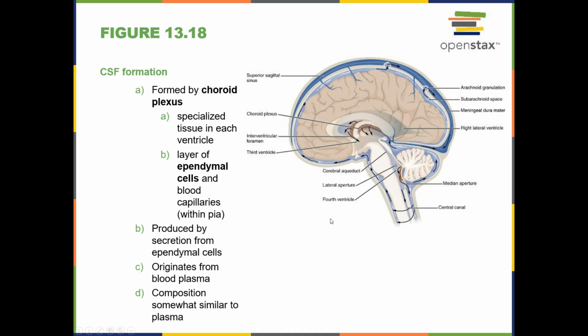So the choroid plexus is where cerebrospinal fluid is produced, and it's ependymal cells that make up that choroid plexus. The solution is made from blood plasma, so it has a similar composition to blood plasma, and moves through the brain, and then it can leak back out into the blood plasma, and we can produce new when we have CSF that has materials that we don't want in it anymore.